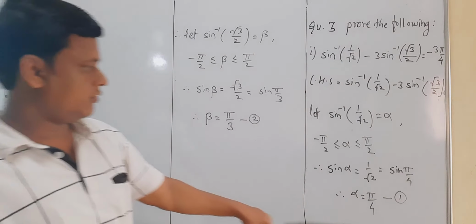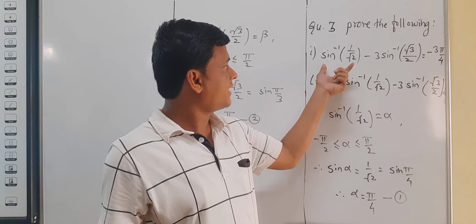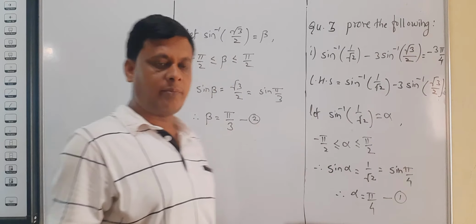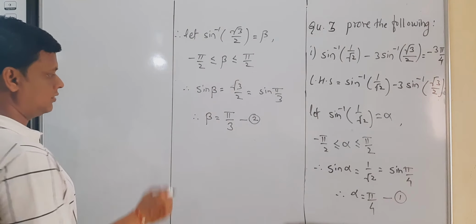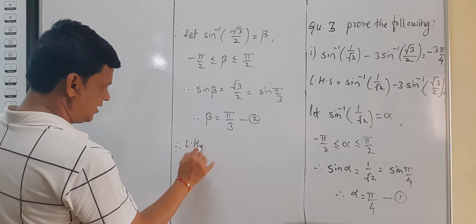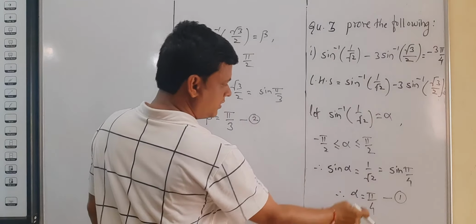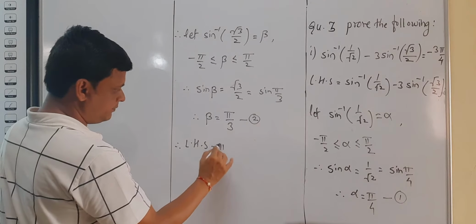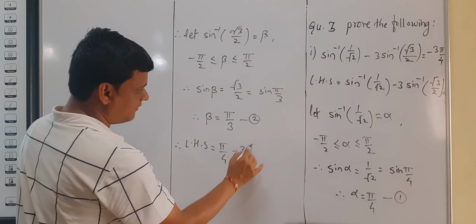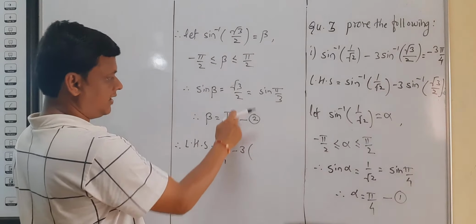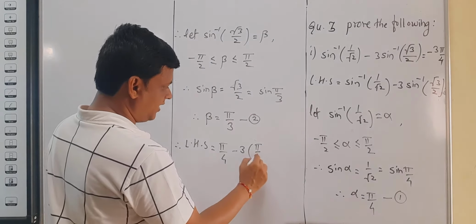So we substitute the value of sin inverse 1 by root 2 and the value of sin inverse root 3 by 2 from equations 1 and 2. Therefore LHS is equal to sin inverse of 1 by root 2, that is pi by 4, minus 3 times the value of sin inverse root 3 by 2, that is beta, which we calculated as pi by 3.